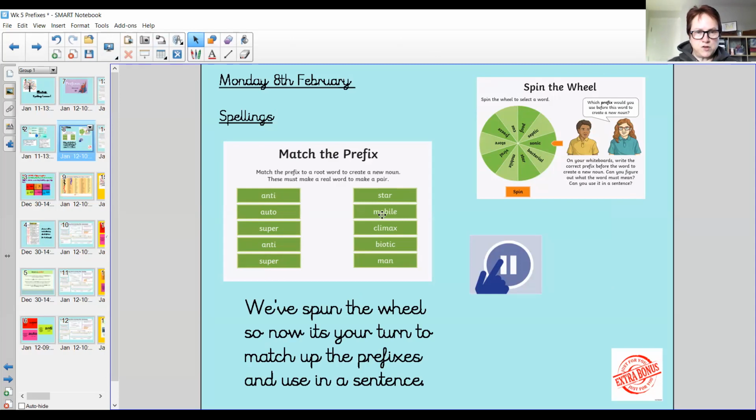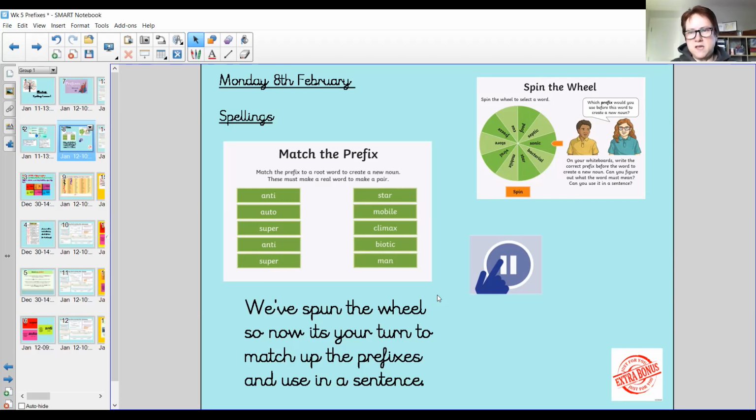Today I've just got a few more that I'd like you to match up. So we've got today's date, Monday, the 8th of February. Again, write on the second line if you're starting a new page rather than the top line with the title, spellings. I just want us to match up the prefixes with the word to create a new noun, and then try and write that word in a sentence.